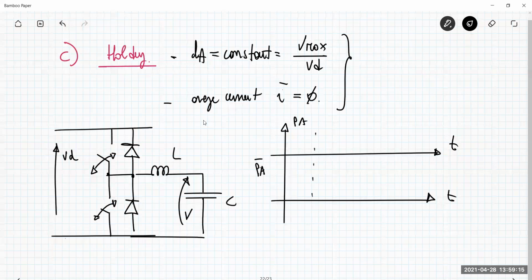So here we are in the middle phase. The duty cycle is constant, for example, something like this. The same width, there is no difference. My drawing is not perfect.